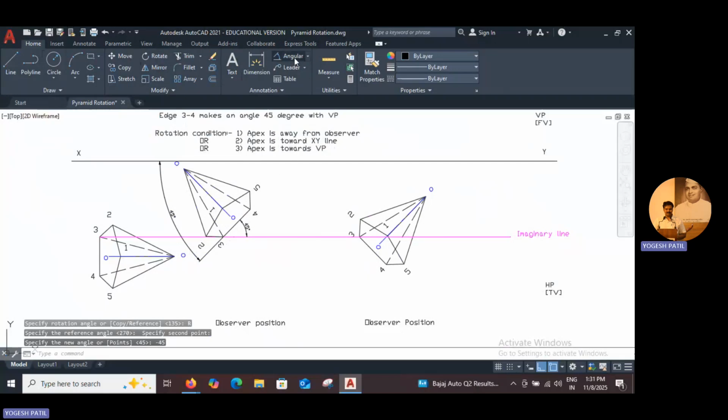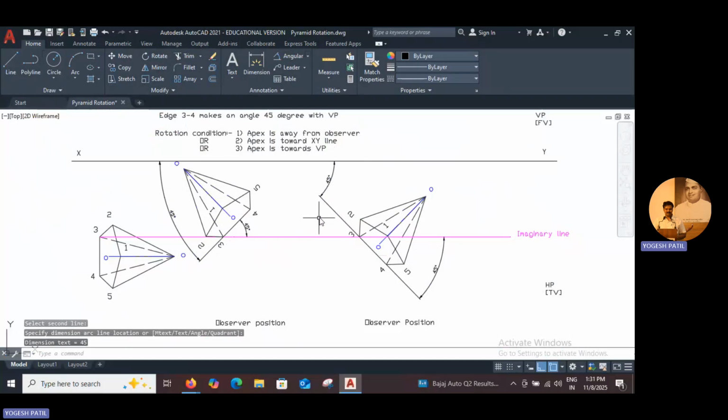Now you can measure this angle. This is 45, and as we have given minus 45, it is measured in a clockwise direction against the imaginary line. Even if you measure the angle with xy, that is also 45.